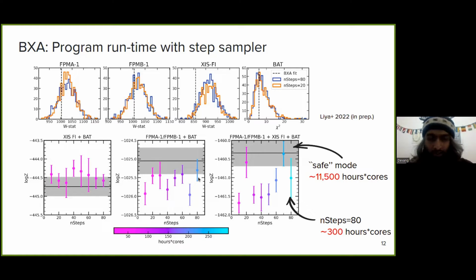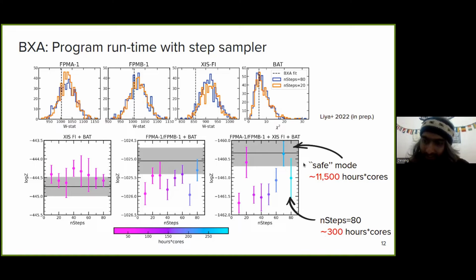If they agree, then you will be fairly close to the real, in quotes, real value of the Bayes factor. That is what we find, but this can break down in some cases. For example, 30 and 60 doesn't work. So what we would suggest is you do it for 3 steps. And the best part about this is that when you use step sampler, for example, for these 4 datasets, we did n steps equal to 80, and we found that this takes 300 hours on a single core.